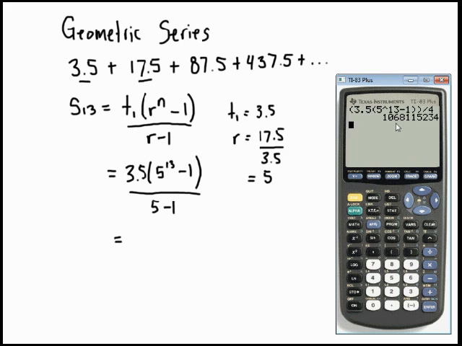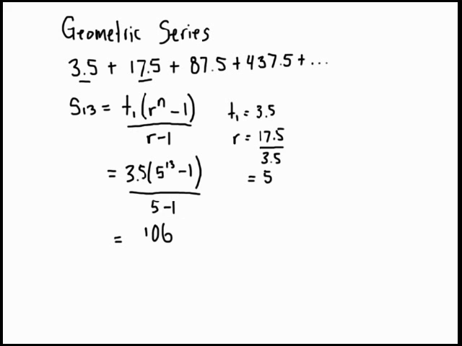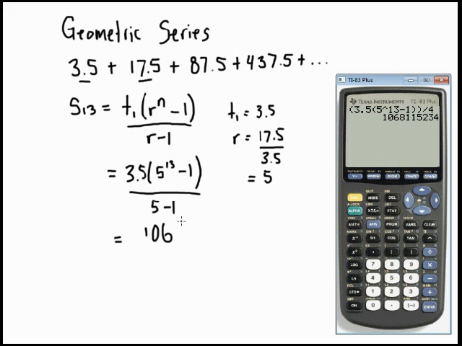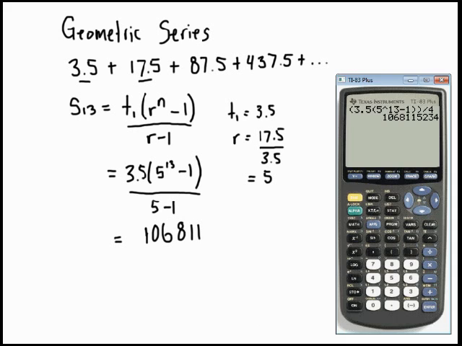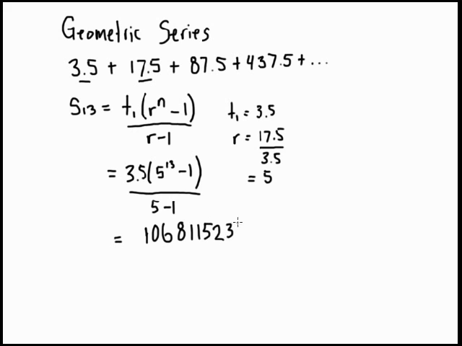And we get a very large number: 1,068,115,234. That is a large number. So if we add the first 13 terms, we'd get a very, very large number.